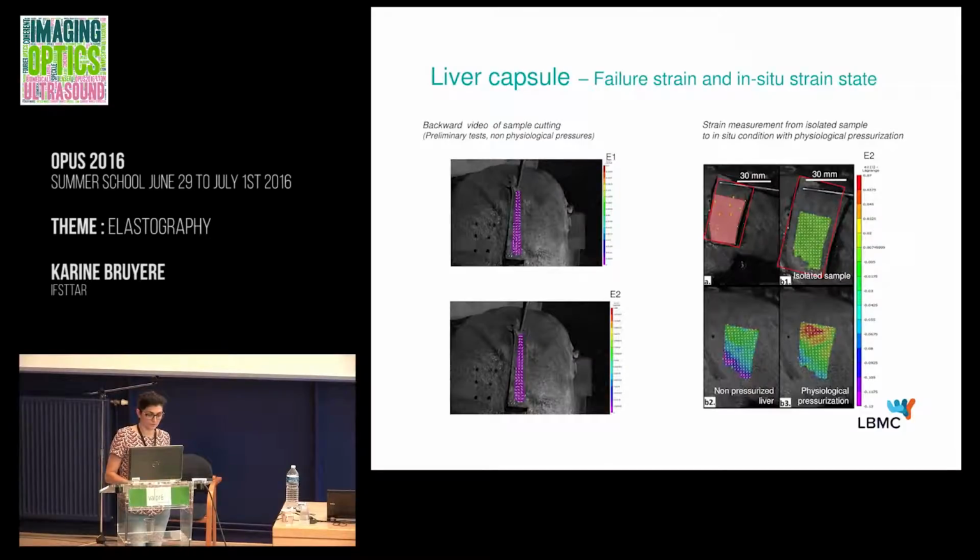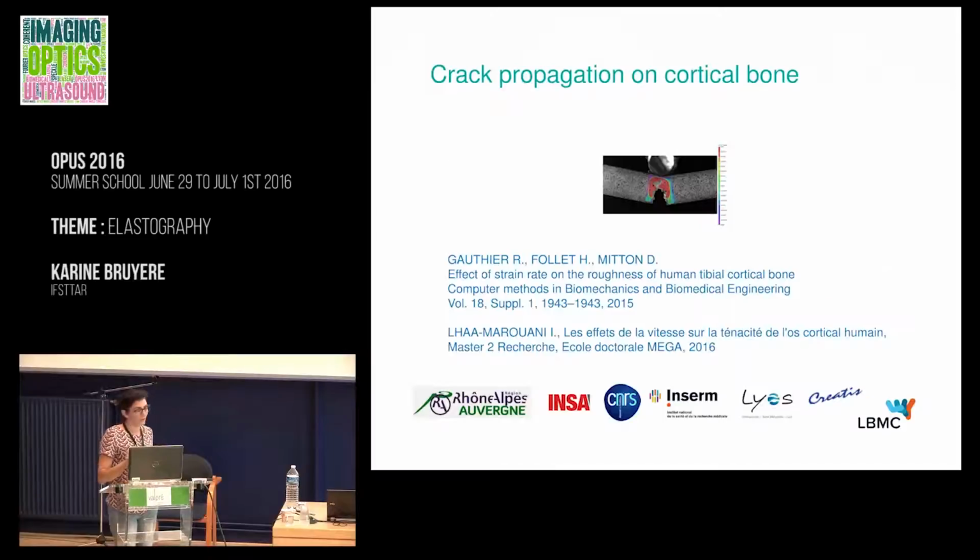It's the same for the second principal strain. Here, the same is illustrated, so we consider the isolated samples as a free strain situation, and we compute for different levels of pressurization of the liver the strain state. So the idea is to know where the strain in vivo and in situ, where the capsule strain is, compared to tests on samples.